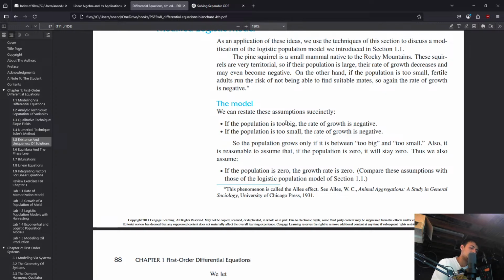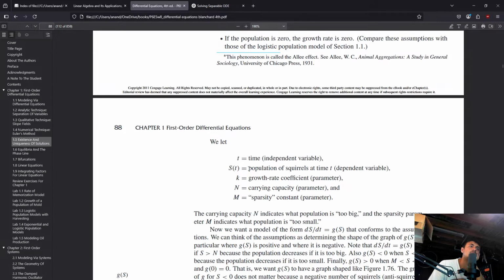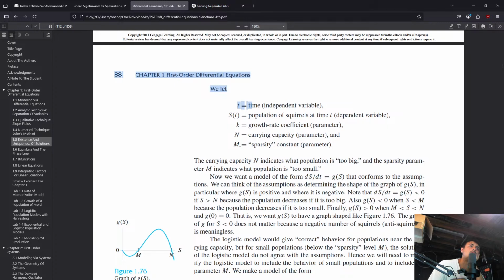If p is less than beta, then dp/dt is less than 0. So the population grows only if it's between too big and too small. Also, it is reasonable to assume that if the population is 0, it stays 0.